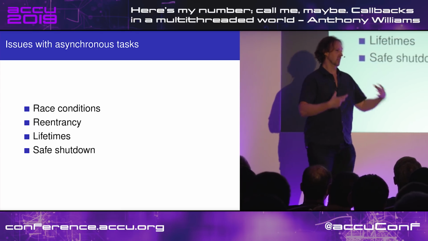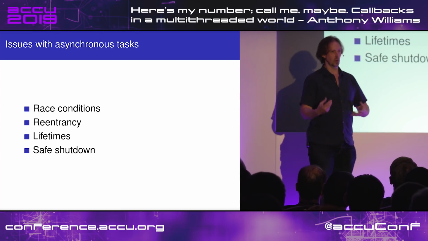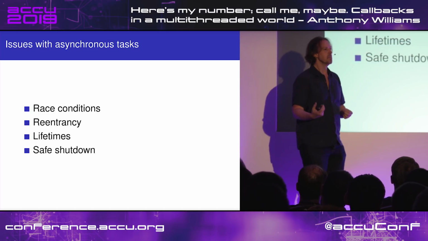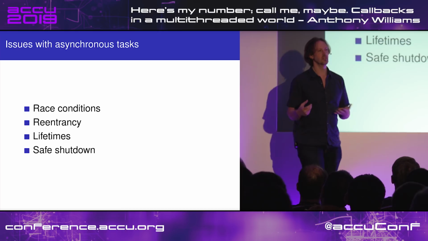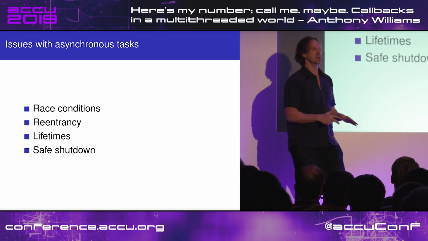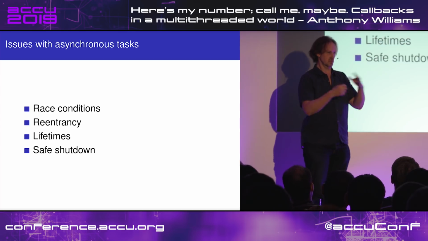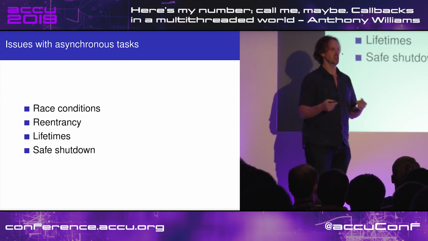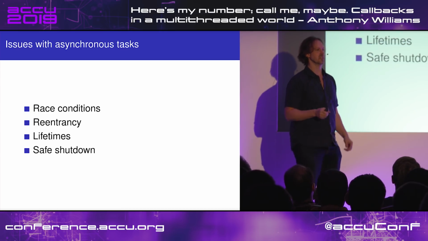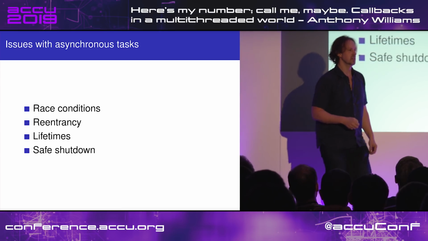You've got issues around lifetimes, making sure that the objects referenced by your task or callback are actually still alive when it's running. And then you've got the issue of making sure that your system shuts down safely when it's done, particularly if the user's got a great big cancel button and they realize they've just asked to download 300 terabytes of data and they don't want to do that.